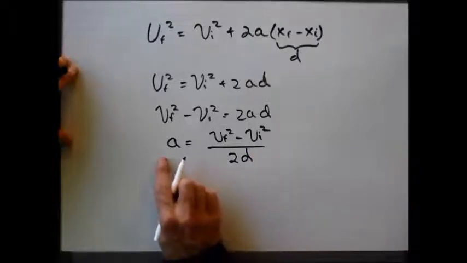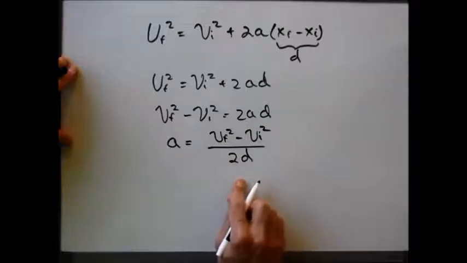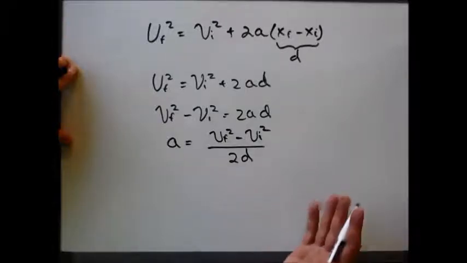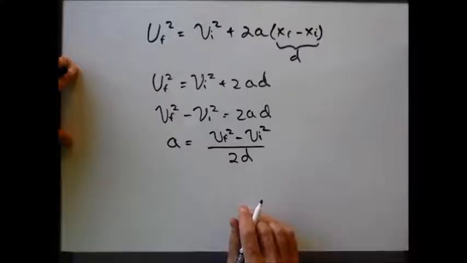And we're going to use this equation to work our way to a relationship between work and kinetic energy. We haven't even defined the kinetic energy yet, but we're going to get there.